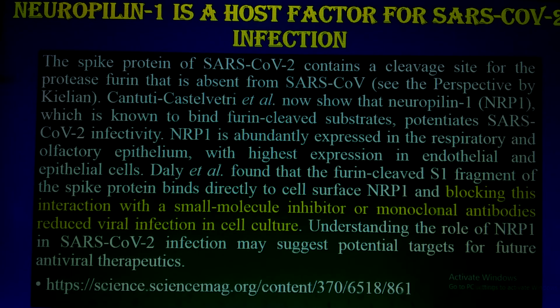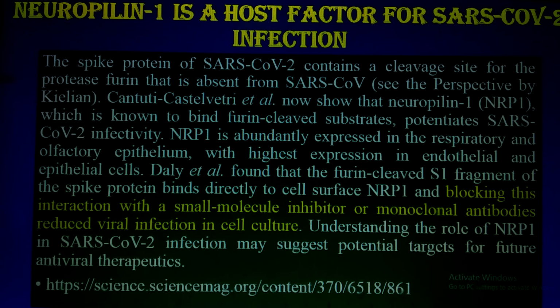Is it clear? So like transmembrane proteases and furin, which help in the cleavage, the neuropilin makes the entry of the coronavirus into the host cell easy. NRP1 is just like a gate or door for the entry of the SARS coronavirus.